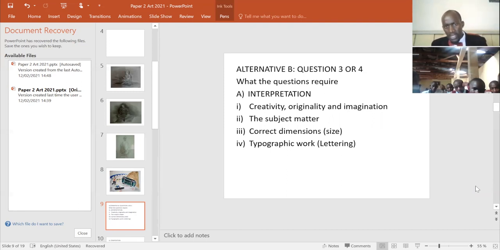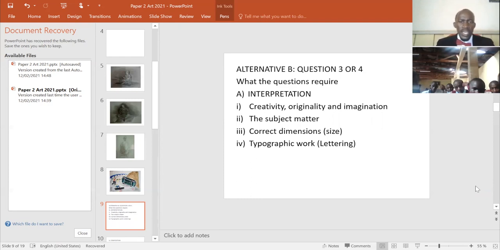For example, if you're asked to design an envelope, we don't expect an envelope to be the same size as a poster. And we do not expect the size of a poster to be the same as that of a business card. There has to be that difference.